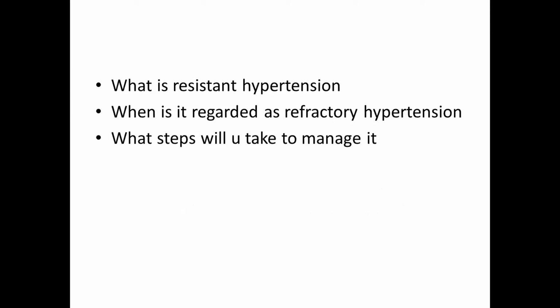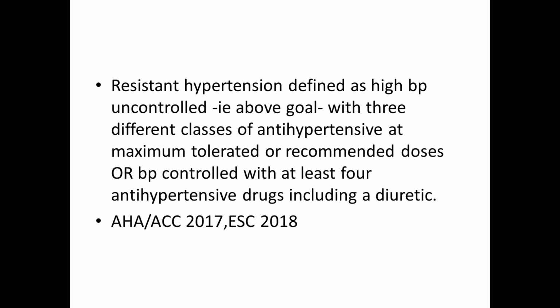Okay, so I'll start from the beginning. I said these are the questions. What is resistant hypertension? When is it regarded as refractory, and what steps should you take to manage it? And I said the consensus definition, AHA, ACC, and ESC, is that resistant hypertension is defined as high blood pressure uncontrolled, that is not meeting your target goals, with 3 different classes of antihypertensive at maximum tolerated or recommended doses, or blood pressure controlled with at least 4 antihypertensive drugs, including a diuretic.